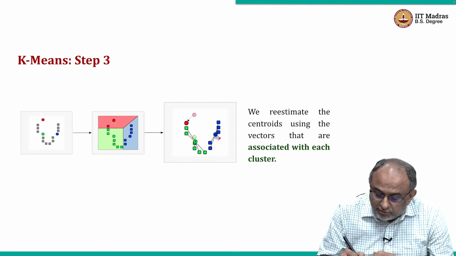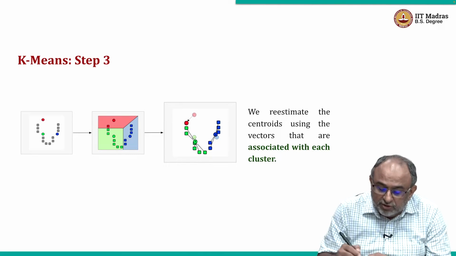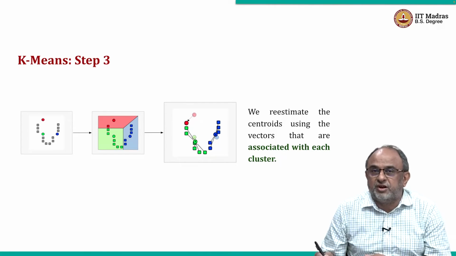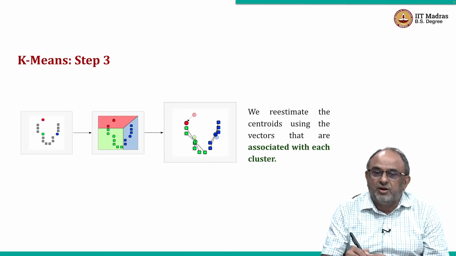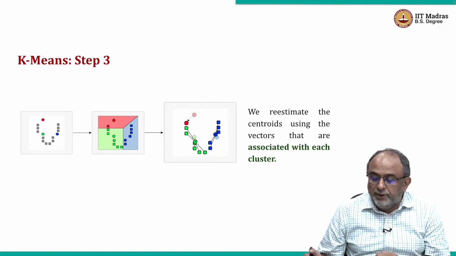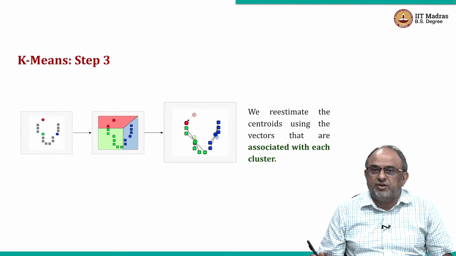So, the dotted was the original point of the centroid, now the centroids got updated. Now, these are the new values of the centroid. Now, again what do I do? I find the distance of all of the data points to see which is the closest centroid, and so I keep repeating this, right. That is the same as the iteration that I did for the mixture of Gaussians, right.